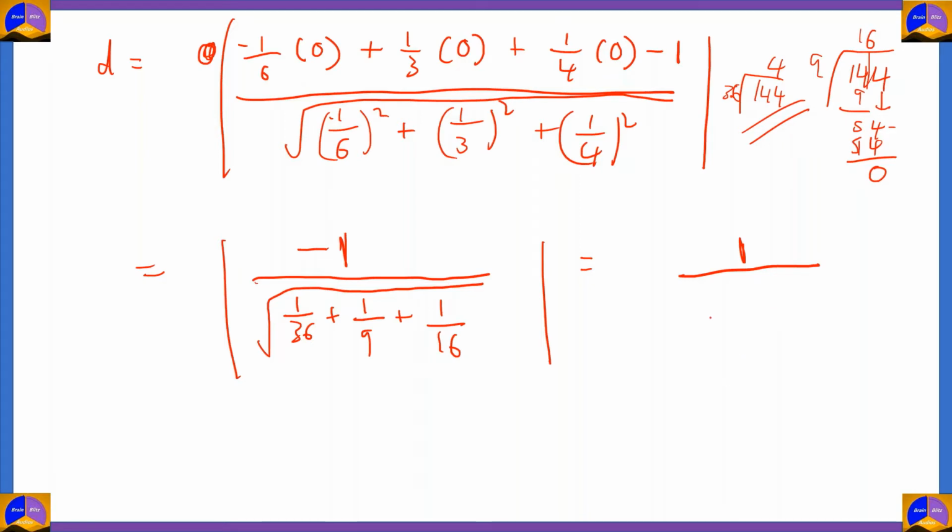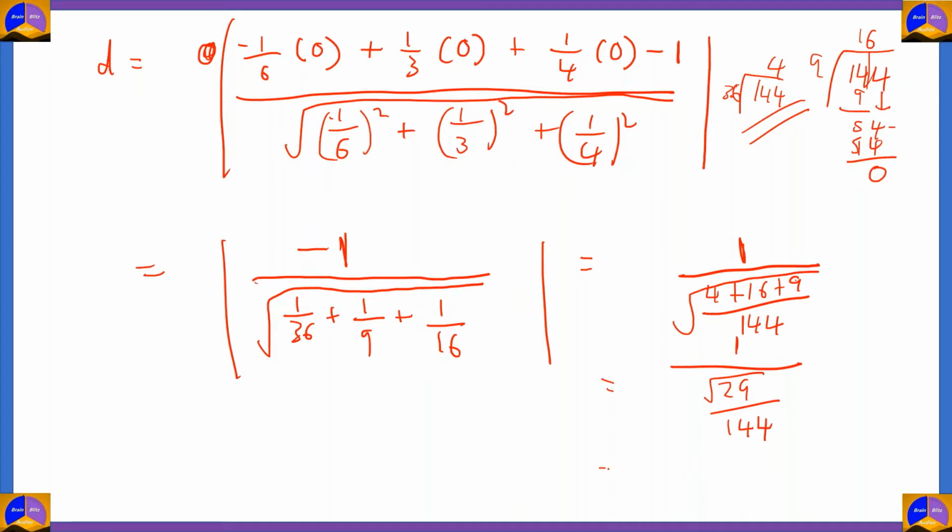So now let's plug in the values. The whole denominator is 144. So 36 times 4 is 144, so 4 goes in the numerator. 16 times 9 is 144, so 16 goes into the numerator of the second one, and 9 goes into the numerator of the third one. And everything is under a root. And 4 plus 16 plus 9 gives you 29. Root 29 by 144, and that is the denominator.